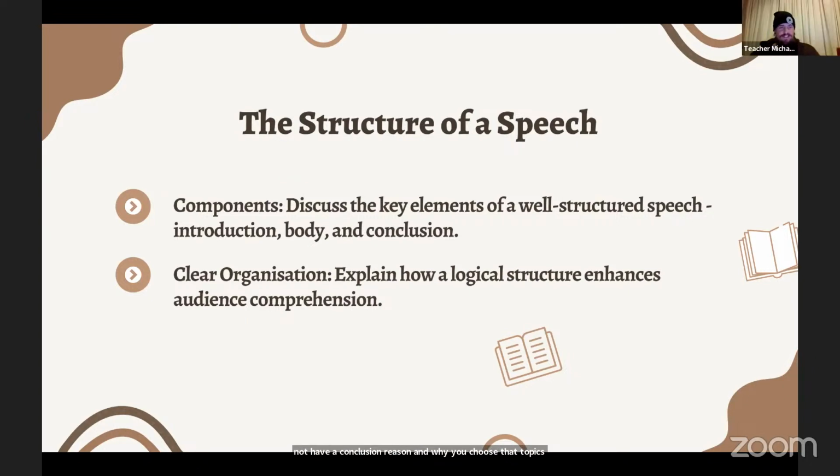Very good. So Sunny had a very good answer there by talking about displaying the results and the final conclusion, the final comments. That's very good, because the other big reason for a conclusion of a speech is to leave a last final impression.